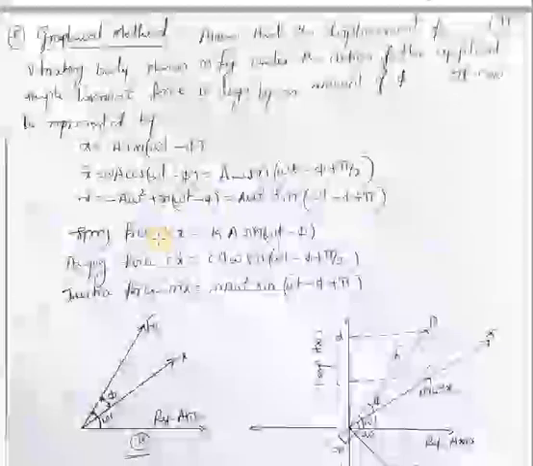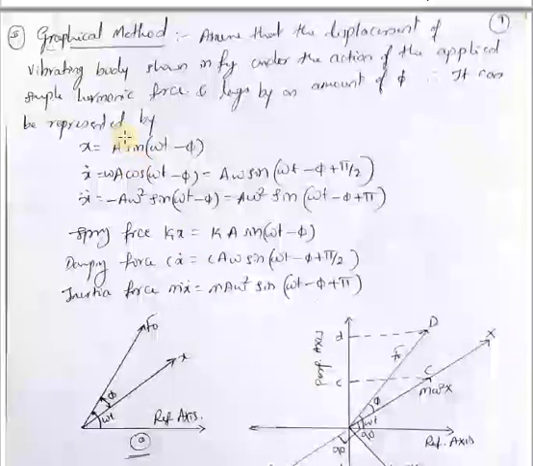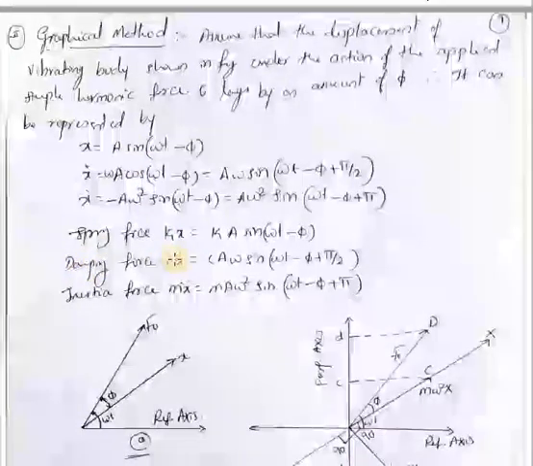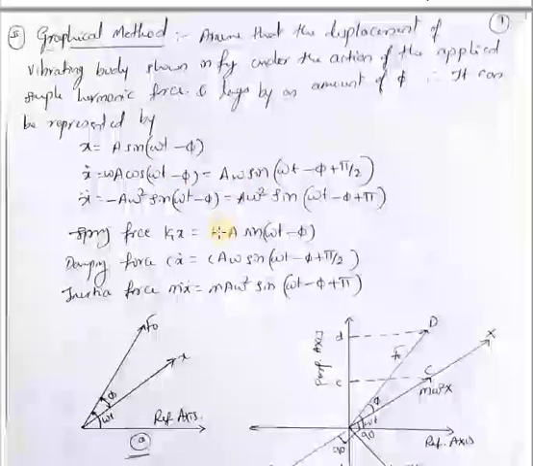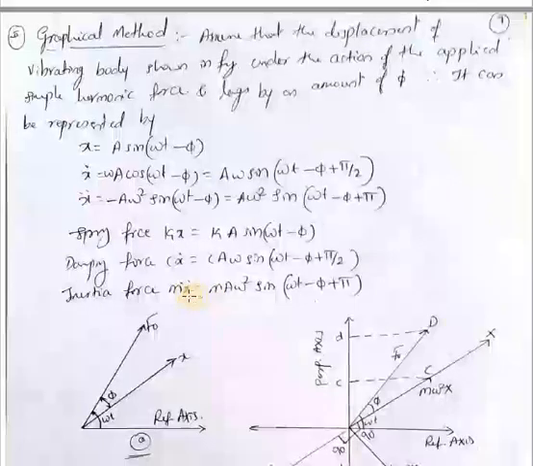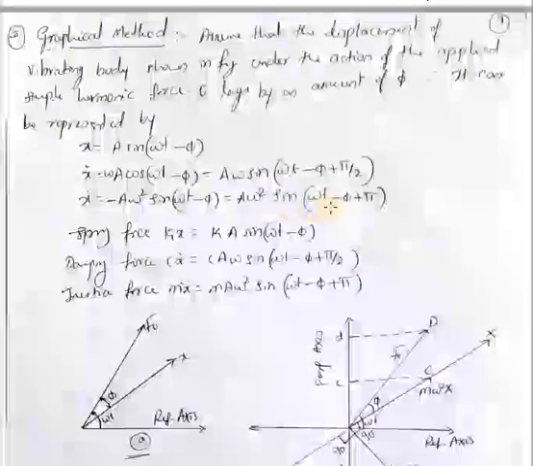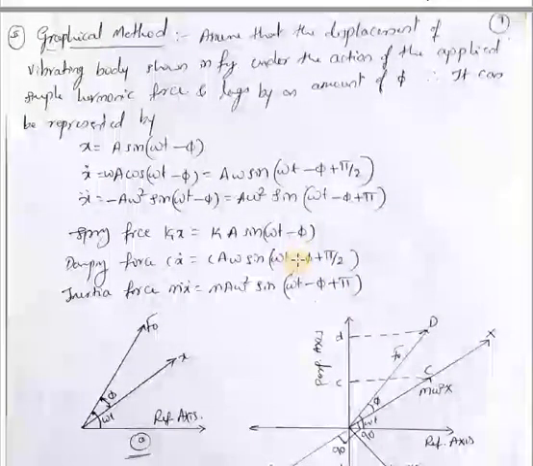Spring force is kx, in place of x I have to substitute this. Damping force is cx dot, in place of x dot substituting this equation. And inertia force is mx double dot, so in place of x double dot I have to substitute this one. Here I am adding the 90-degree angle just to convert that cos angle to the sine angle.